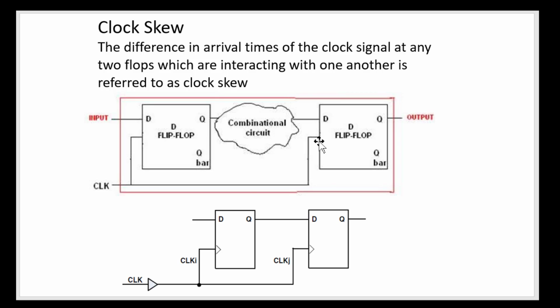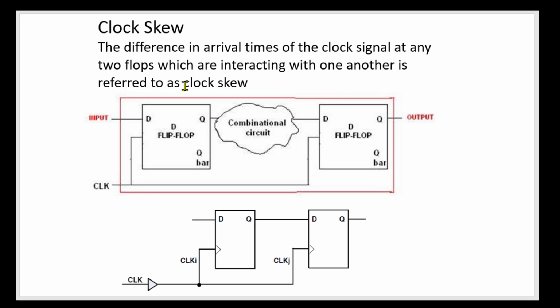As a result, your two flip-flops will not start working at the same time. So there is a time gap. That time gap is nothing but the clock skew. Depending on the time gap, your circuit may respond abruptly or may not respond at all.